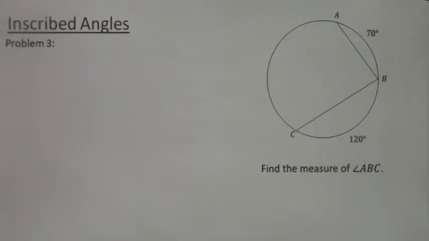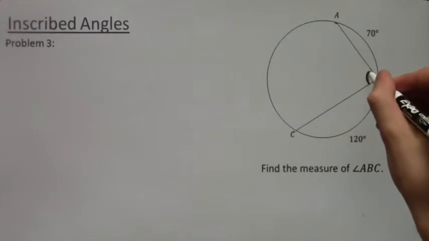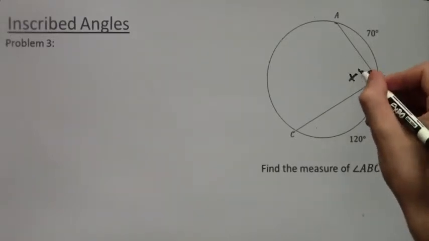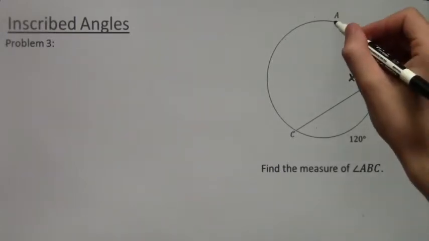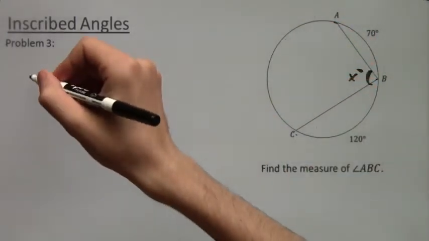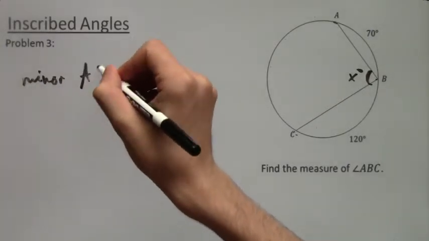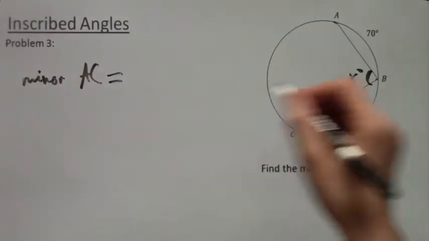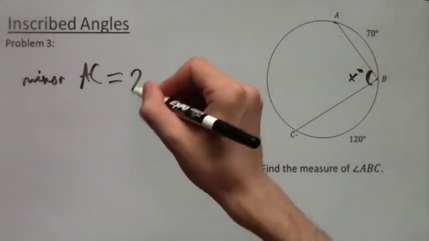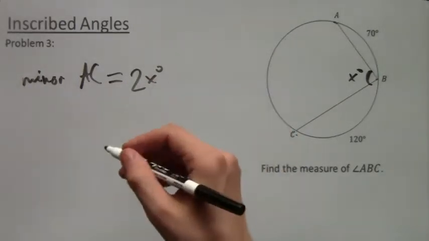Now the last problem. Find the measure of angle ABC. So it's this angle. And I'll label it as x degrees. So what can we say about x degrees? So the intercepted arc AC, it looks like it is a minor arc, but the measure of this intercepted arc is 2x by the theorem.